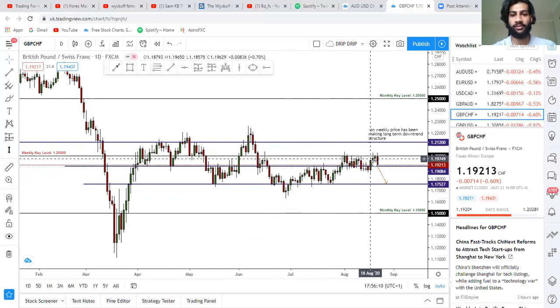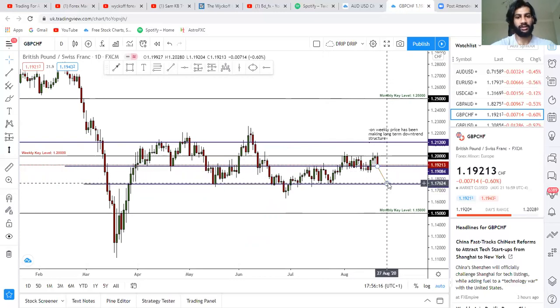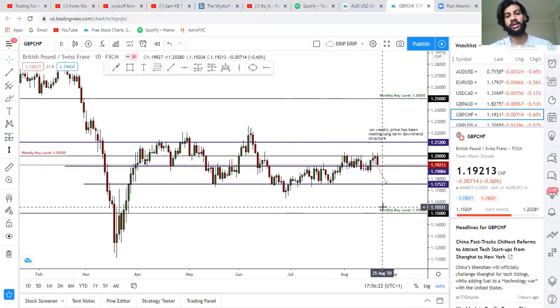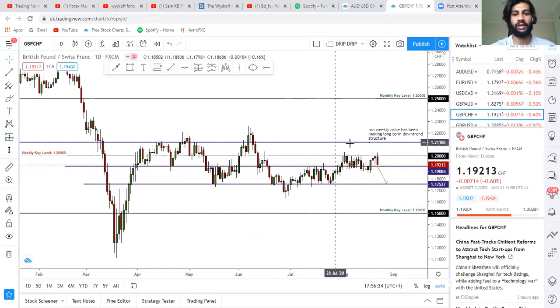So simply, if price was to break below this level of support, I may take it down towards this level over here. Yeah, let's see. And then, if it was to break below this, then take it further lower. But yeah, this is one trade I do want to try get into. I feel like, at least on an intraday kind of level, I can bank something on this.